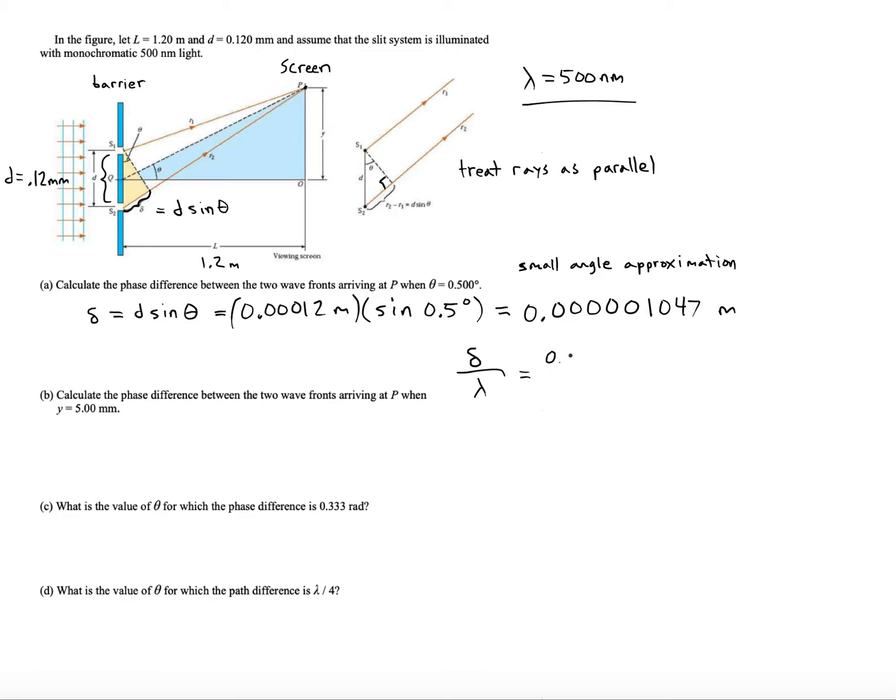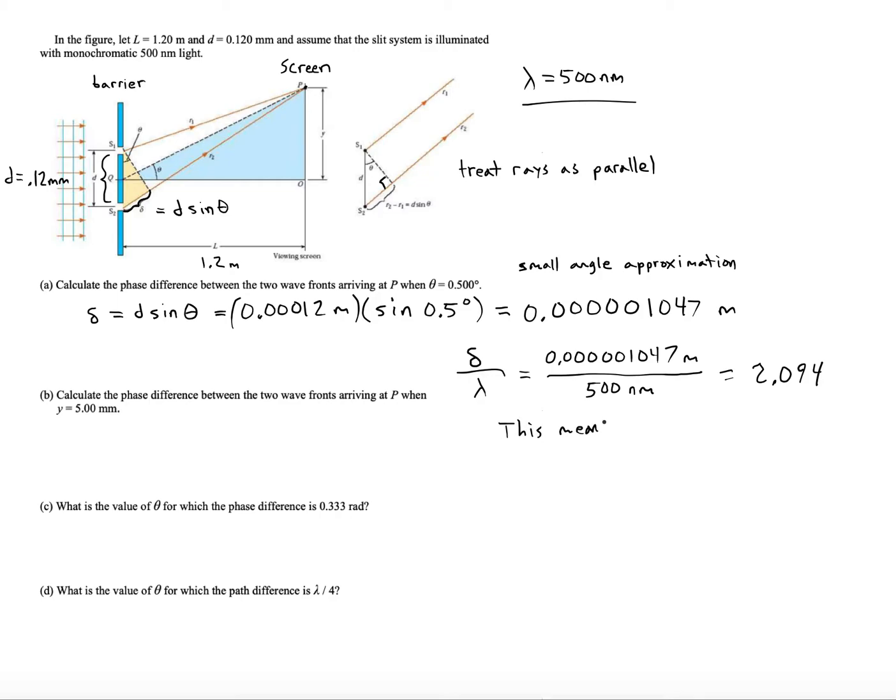So 0.000001047 meters divided by 500 nanometers. Okay, it's giving me a fraction of 2.094. Now, what's the meaning of that?